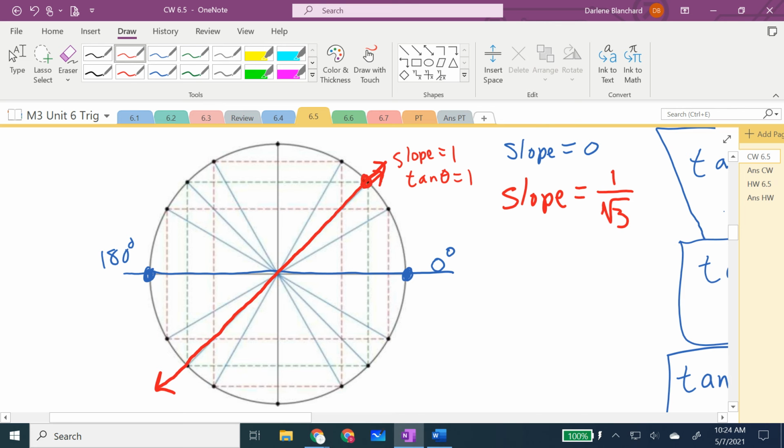And that gives me the angles 45 degrees and then 180 plus 45, 225 degrees.